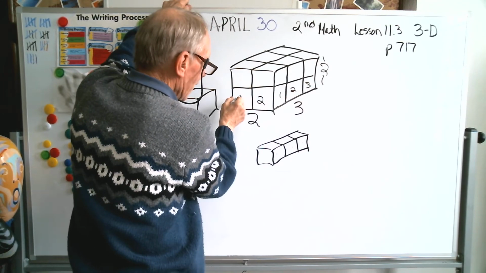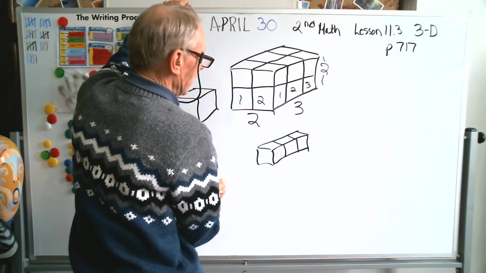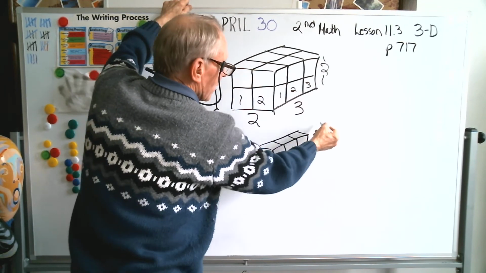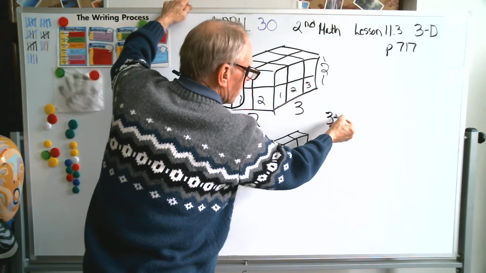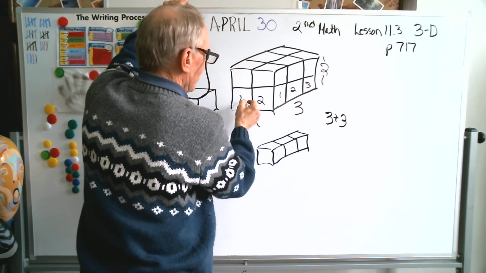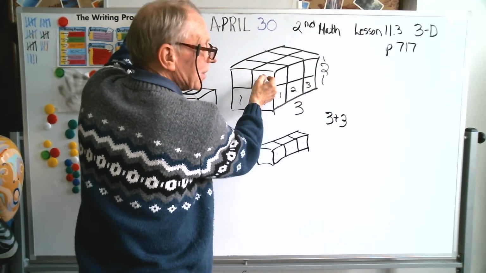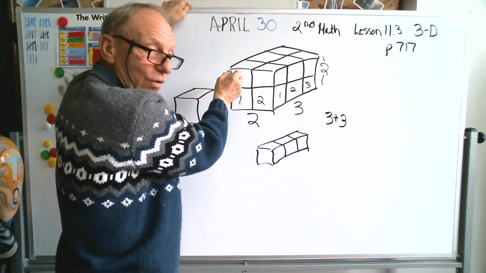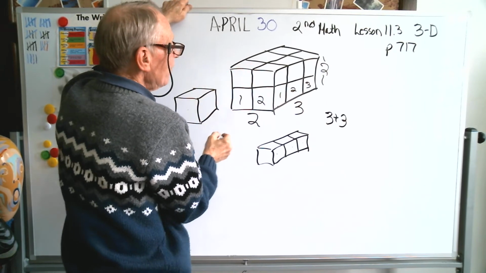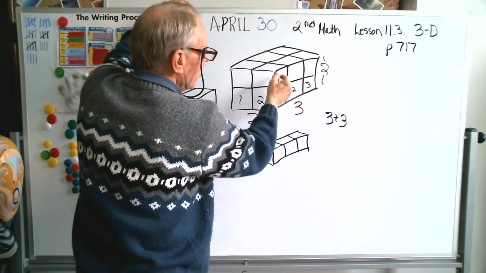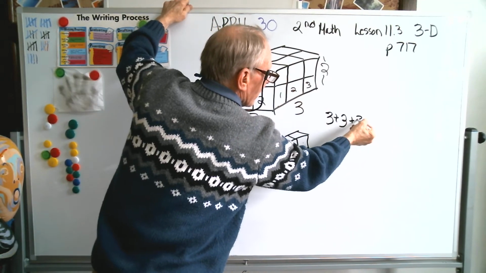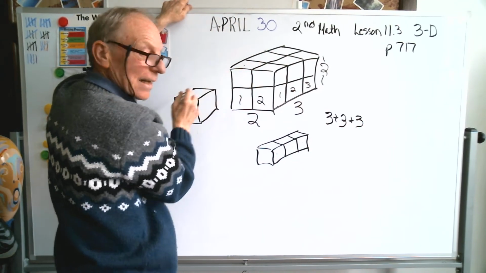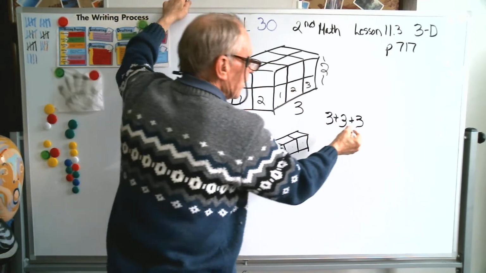And then on this side of it is another one of these. So let's keep adding them together. We got 3 plus 3. And then we go up on the second story of this picture, and here's another one of these. So there's another 3. And then there's one right next to it as well. So there's another 3.